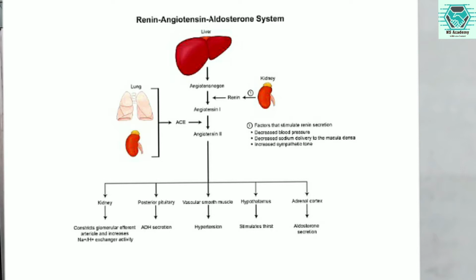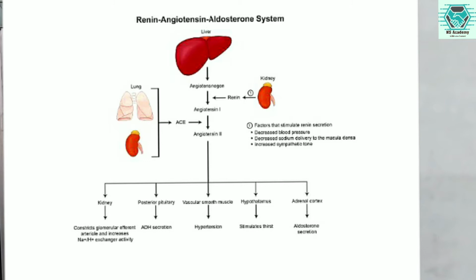This angiotensin 1 is then converted to angiotensin 2 by an enzyme, that is ACE, angiotensin converting enzyme. This conversion mainly occurs in the lung, where ACE is produced by vascular endothelial cells.